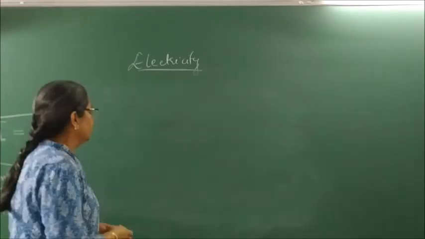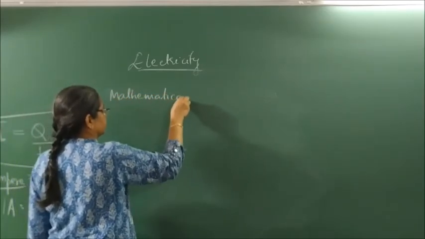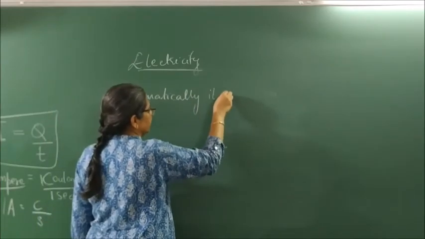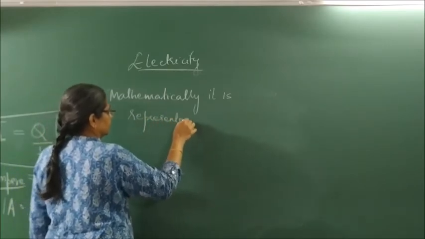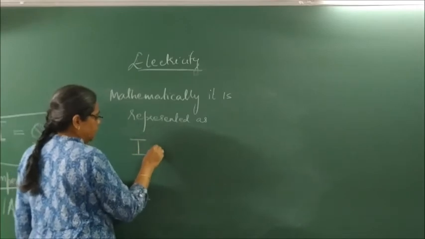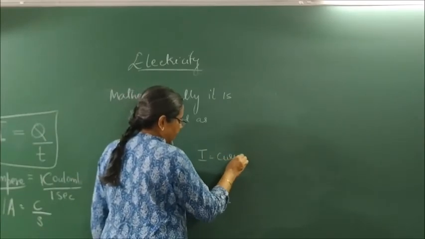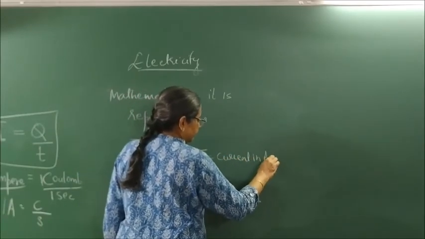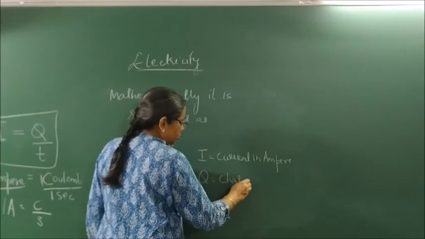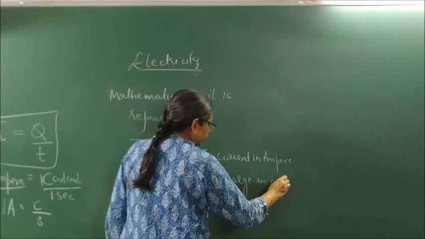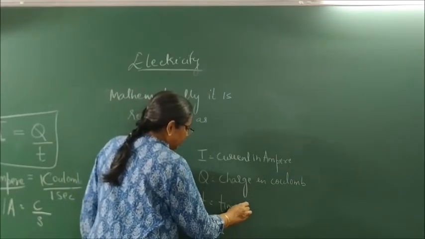You have to write mathematically, it is represented as I is equal to Q by T, where I is current in ampere, Q is charge in coulombs, and T is time in seconds.